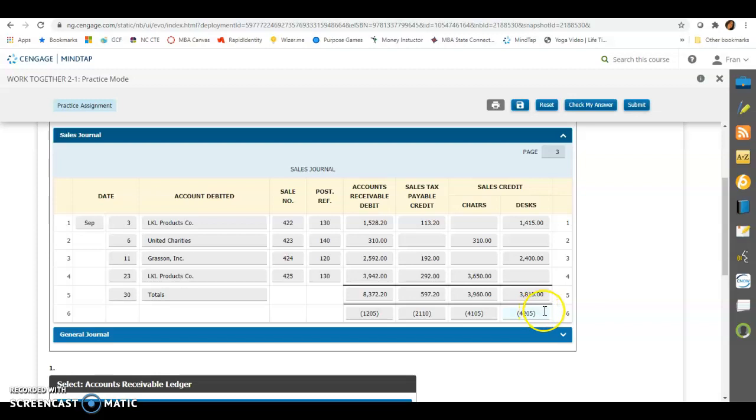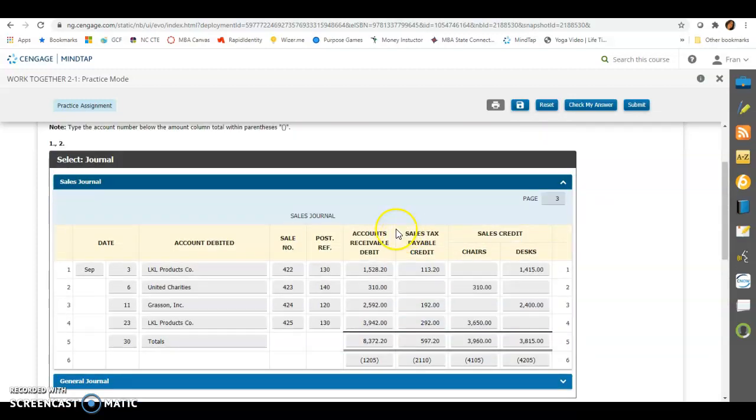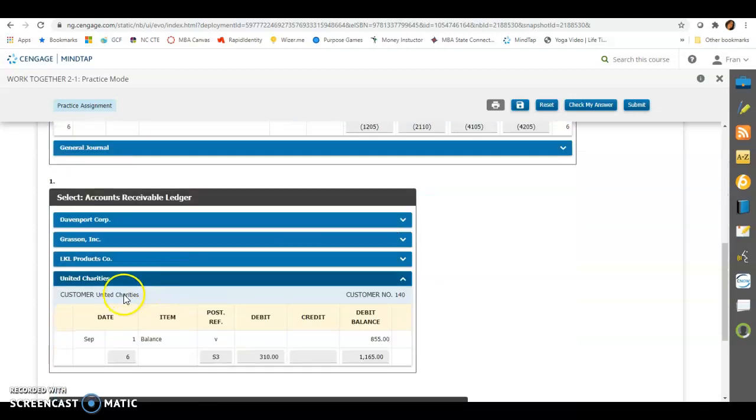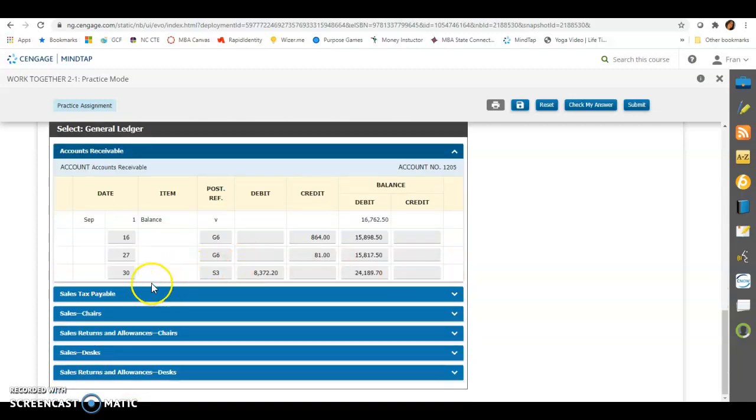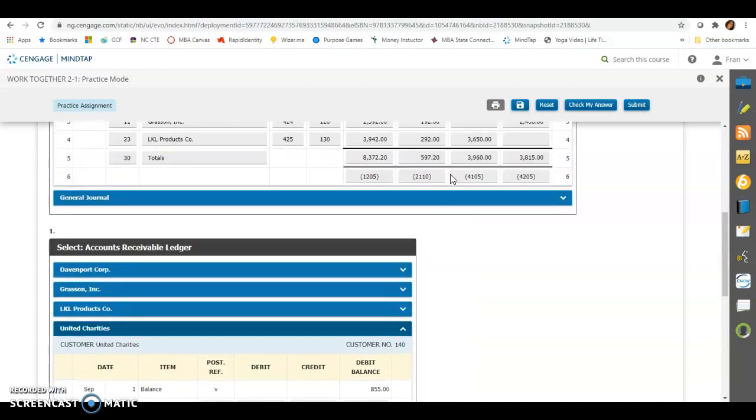And don't forget to put them in parentheses. So for instance, your accounts receivable, that's going to be the last entry in there. Account number 1205. Make sure to put in parentheses, and then you're done.